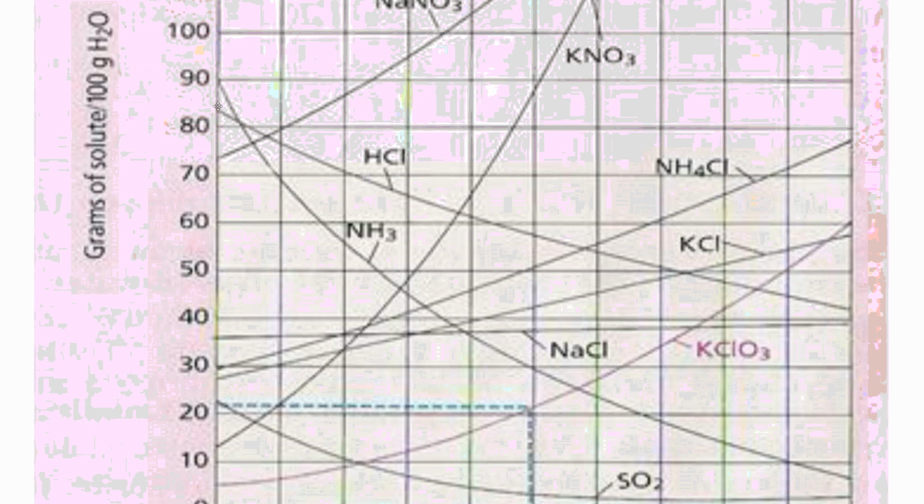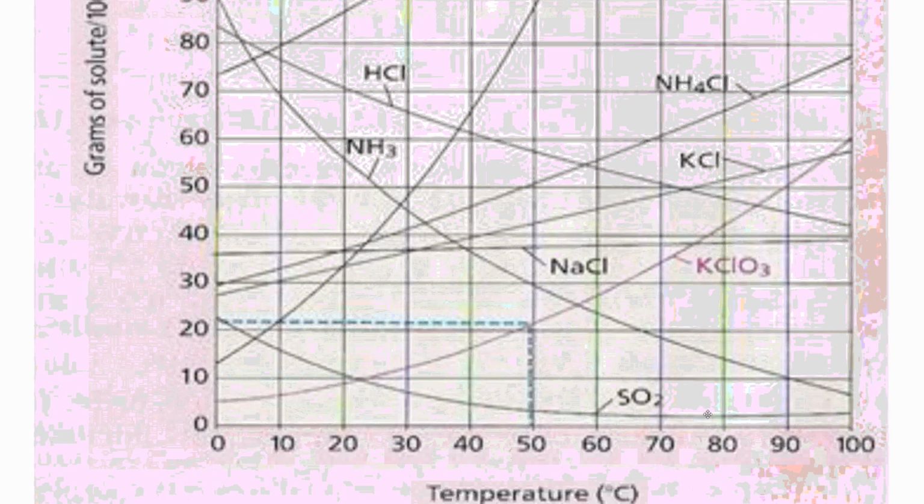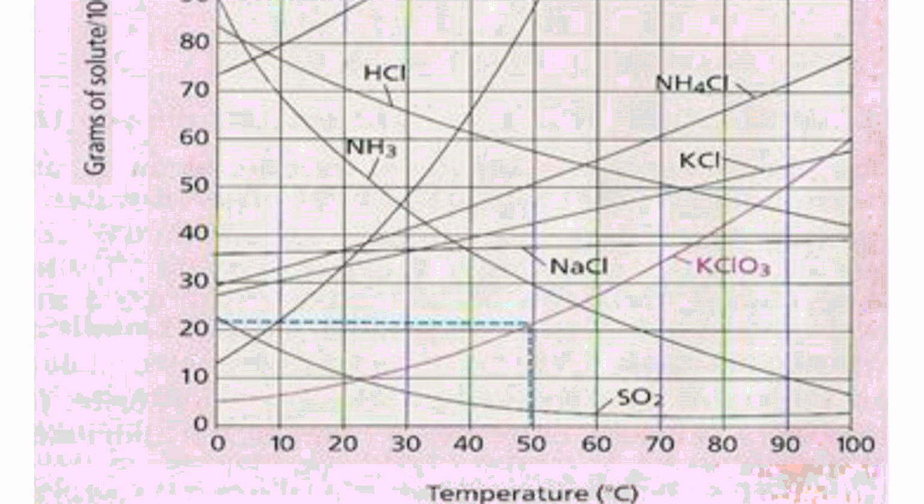So there's a few. Here's one here, HCl, hydrogen chloride or hydrochloric acid. And we've got this one here, NH3, that slopes down. And the only other one that slopes down on this particular graph is here, SO2, sulfur dioxide. So those would be the 3 that we would list for that one.